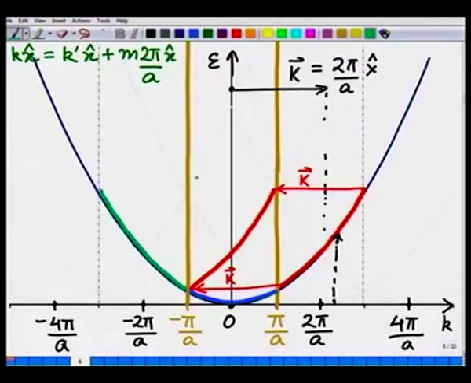Similarly, for the green line, the energy remains the same, but it can be plotted by shifting this point like this and this point over to here.